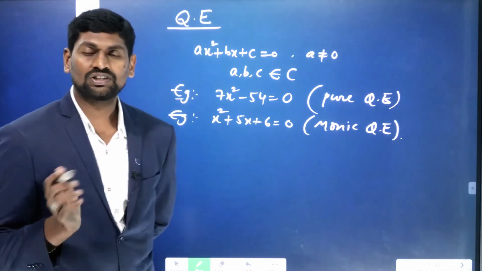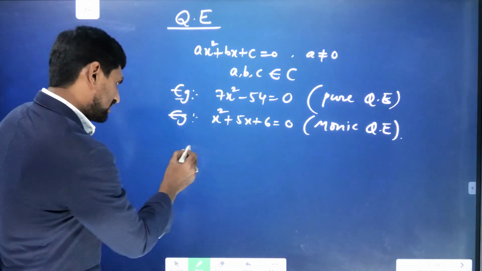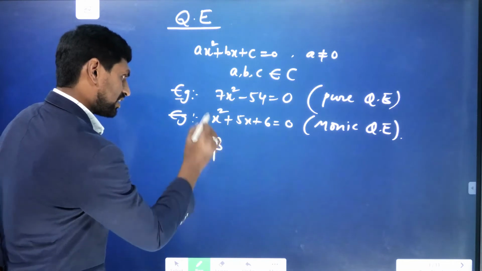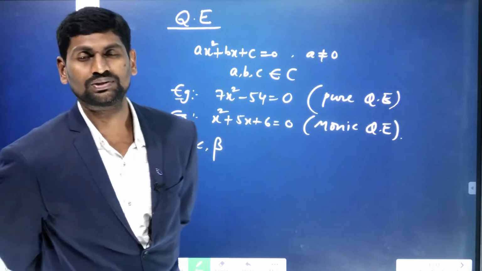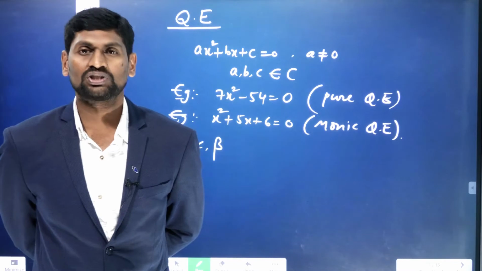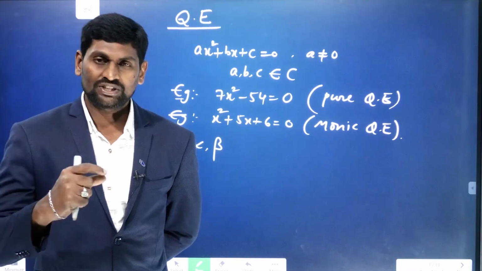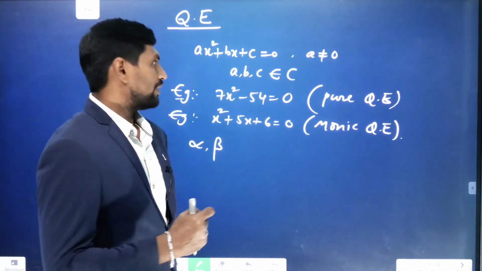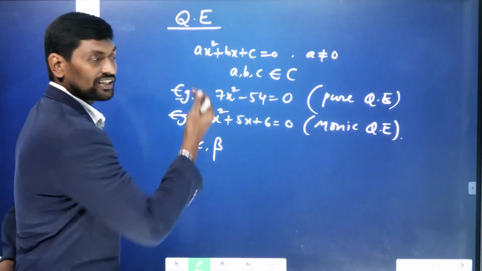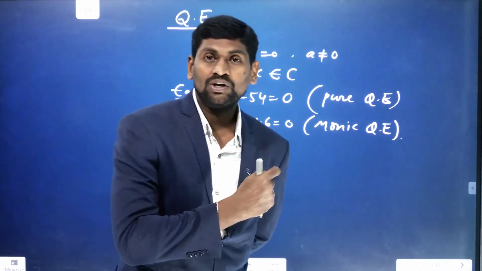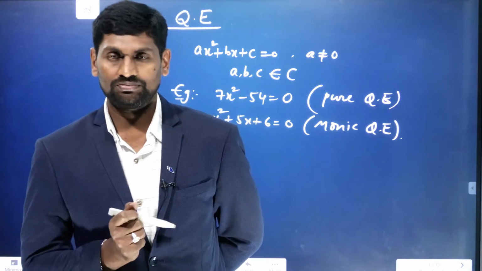Then we discussed about the roots. If alpha comma beta are roots of a quadratic equation, what is a root? Root is nothing but a solution. That means when we substitute a value in the given quadratic equation, the entire quadratic equation must be 0. Am I right?